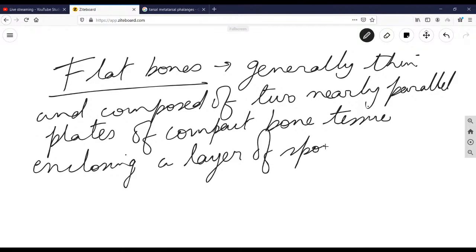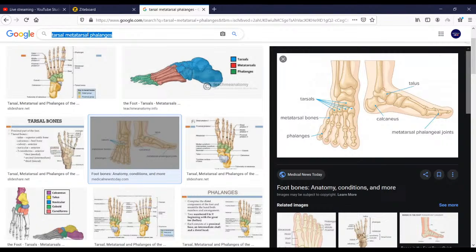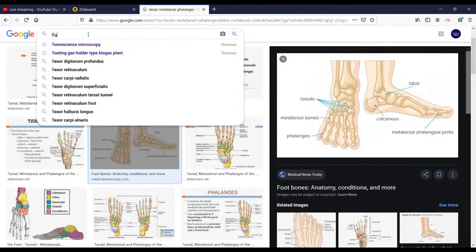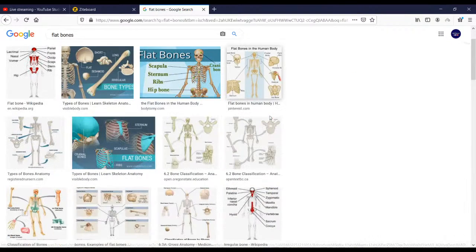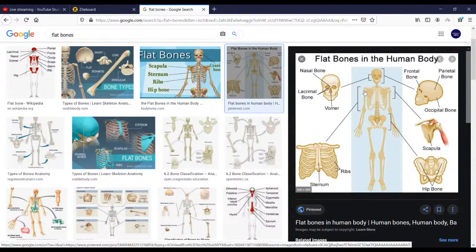I'll just show you the image, it will become very clear to you. This is known as flat bone. If I show you the image, then just see flat bone. These are your flat bones in the body.